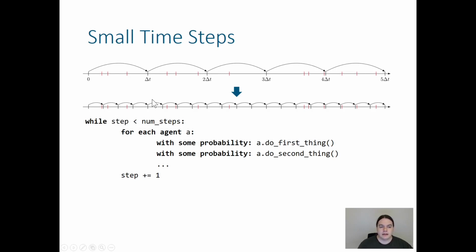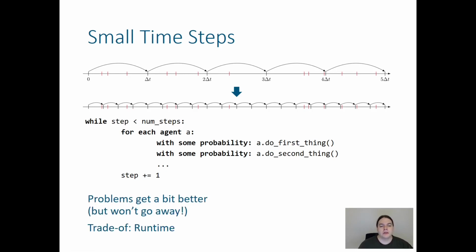This improves the problem, because now most of the time there will only be one event in each step, so there's no order of events issue. And of course, if our time step is smaller, it will be closer to the events, and our approximation error will also be reduced. Both issues improve, but they don't go away.